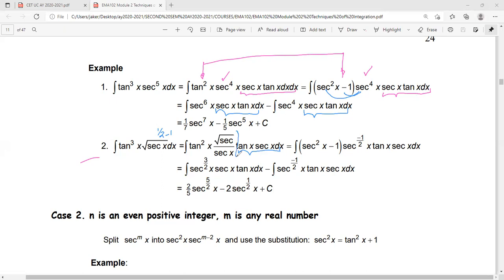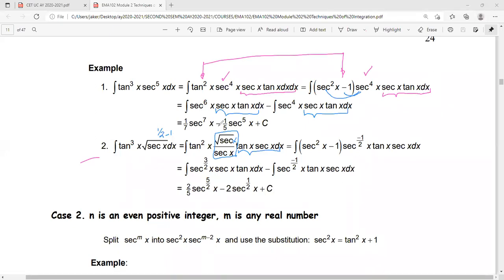I'm referring to the exponents of the secant function. There should be an x here. So that would be secant of x raised to negative 1/2.